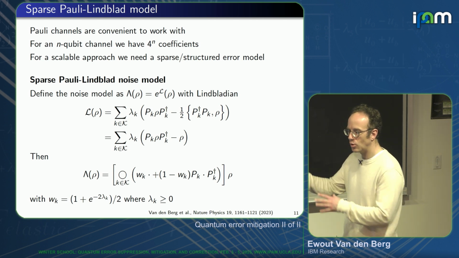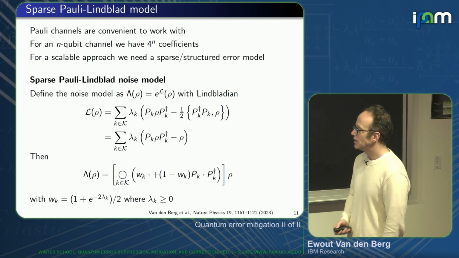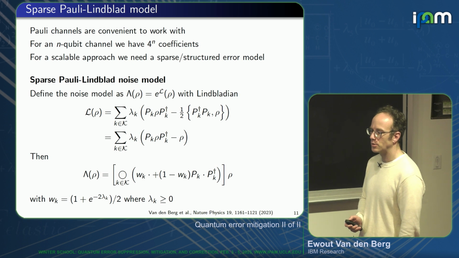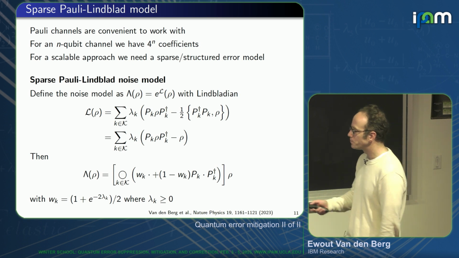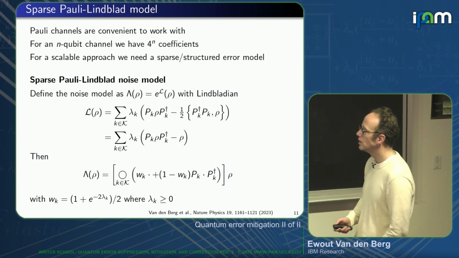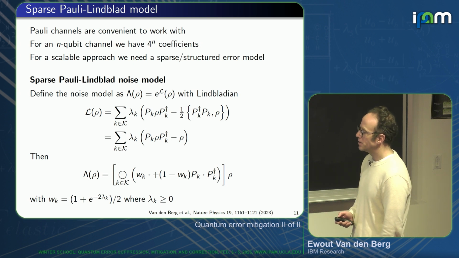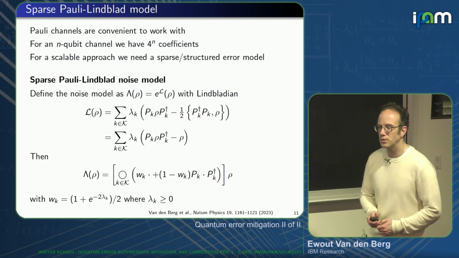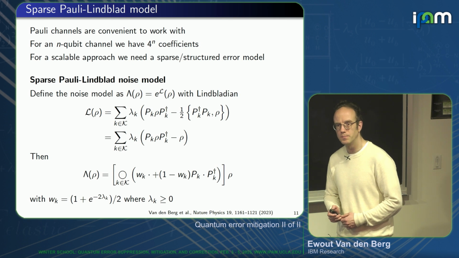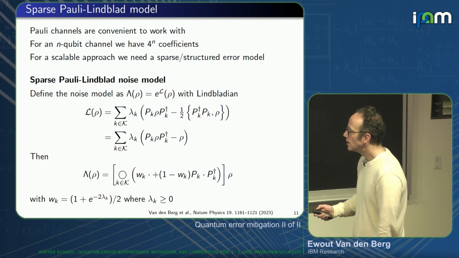It's one Pauli on top of the other on top of the other, and you apply that whole thing on your state. These W's here are just (1 plus e to the minus 2 lambda k) over 2, where lambda k is chosen to be greater or equal than 0 to make it physical. So the original noise channel is assumed to be physical.